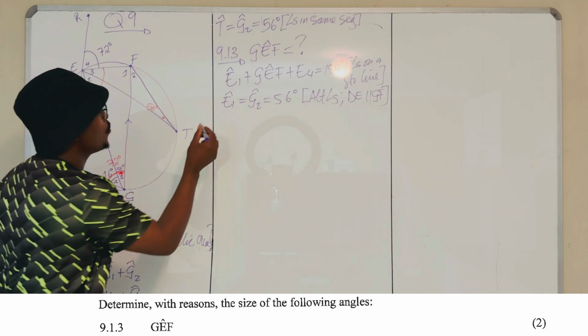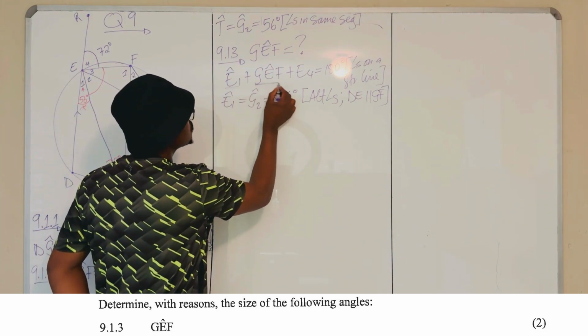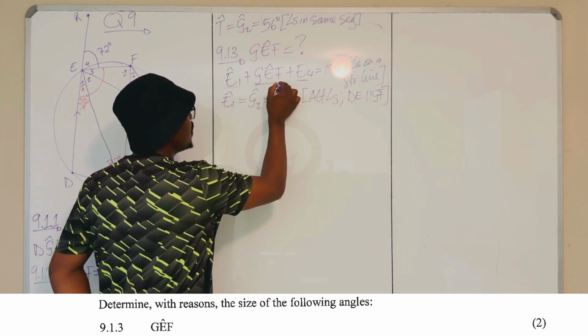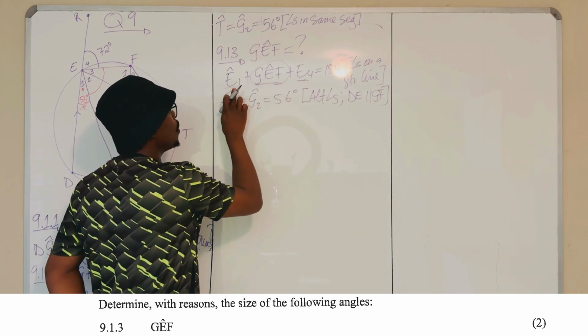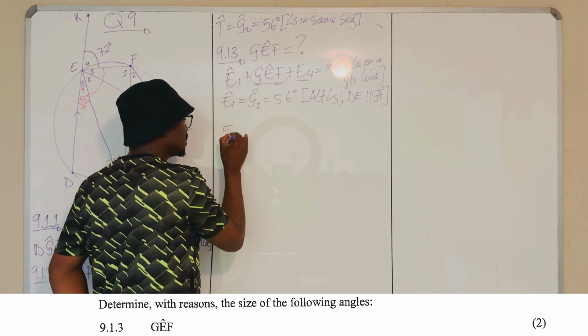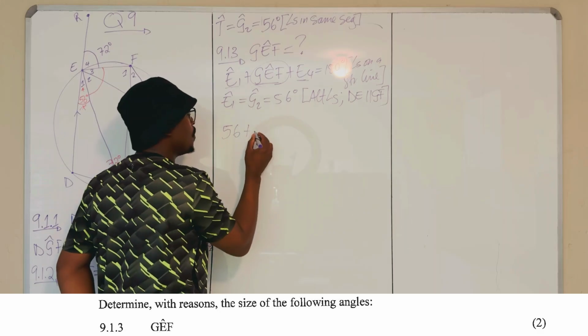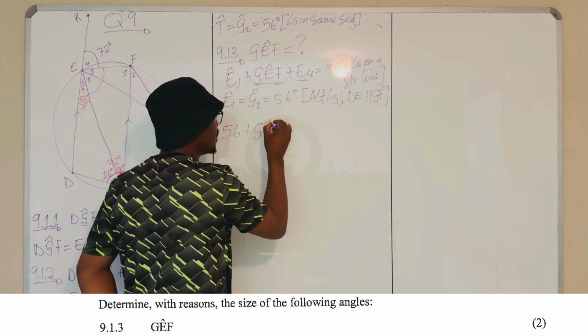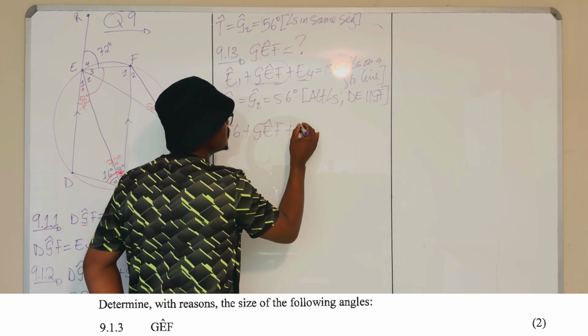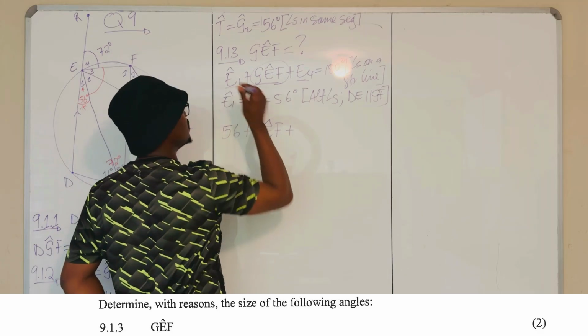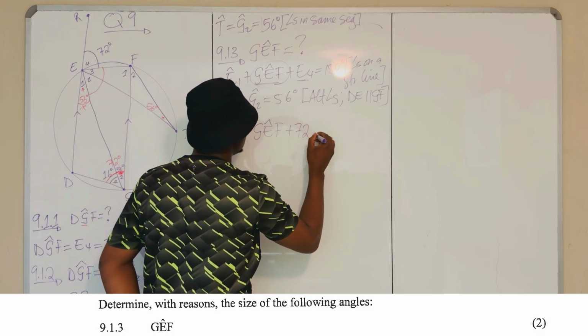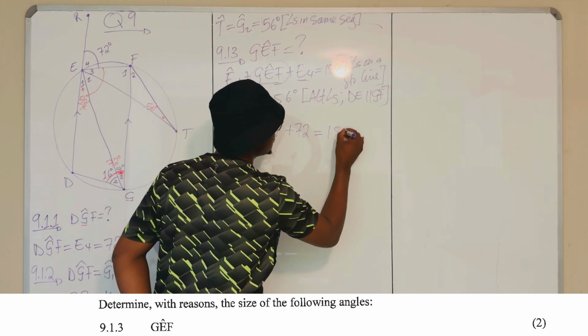So in this case, we have this angle, we don't have this angle, this is what we want, and we have that one. So we can find the angle that we're interested in. Our E1 is equal to 56 degrees, plus our angle of interest, which is angle E, plus E4, which is given to be 72 degrees. That adds up to 180 degrees.